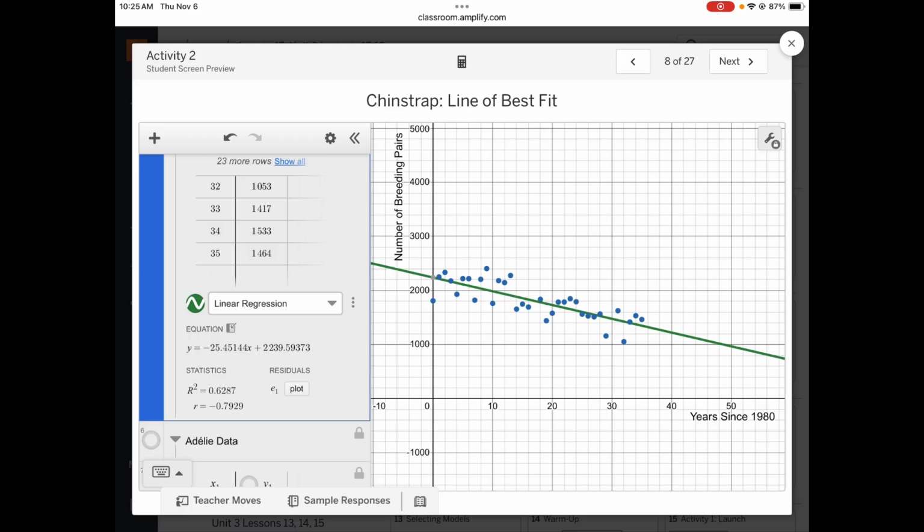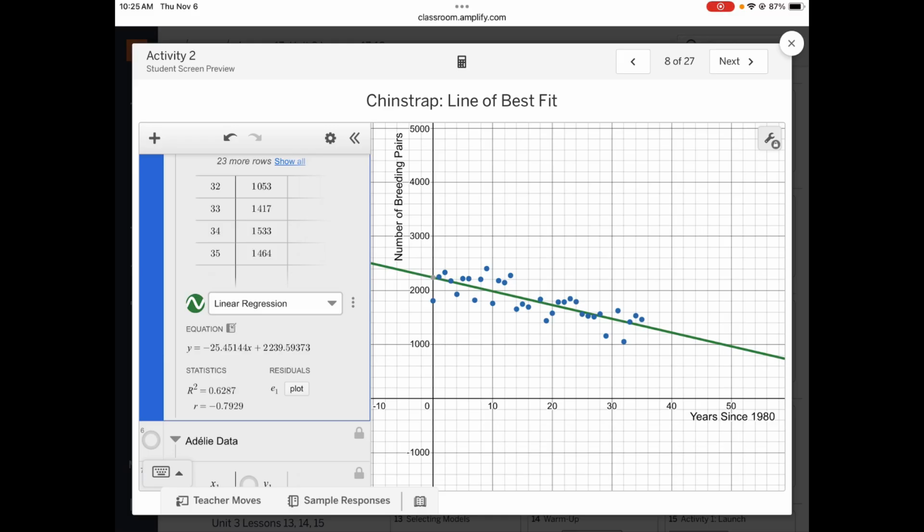One of the things about our line of best fit, we can look at this slope. This current situation is looking at the number of breeding pairs of the chinstrap penguins. If I were to look at the equation, y equals negative 25.451444x plus 2,239.59373, these numbers tell me something.